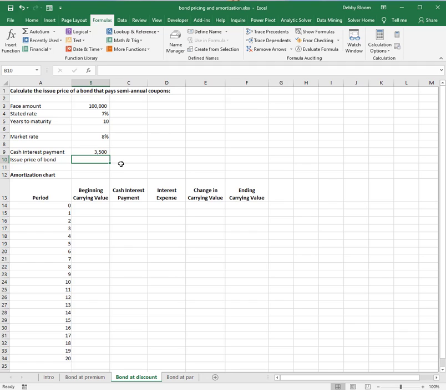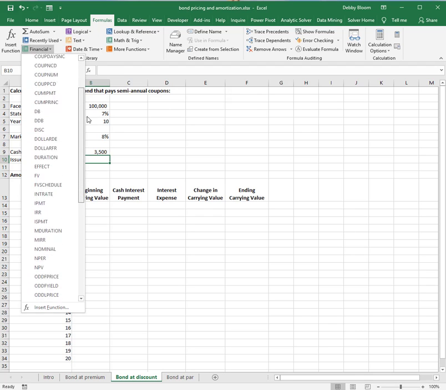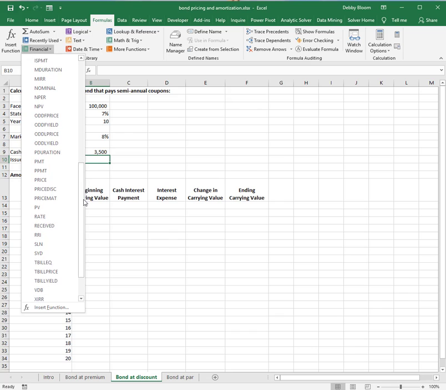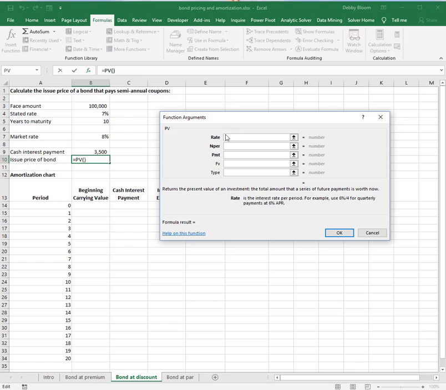Now let's use that cash interest payment to calculate the issue price of the bond. So we're going to once again click Formulas and Financial, and we're going to look for the function that says PV, which takes the present value of an investment. So for our rate, we're going to click on the market rate and then divide by 2, just like we did before. For N per, we're going to click on the years to maturity and multiply by 2.